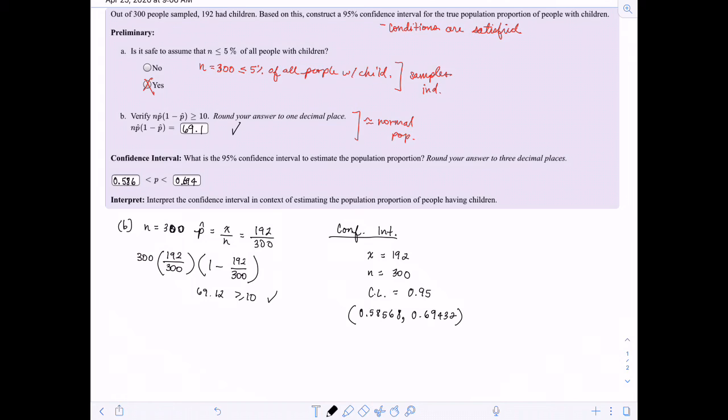And then the last piece is to interpret what this means.